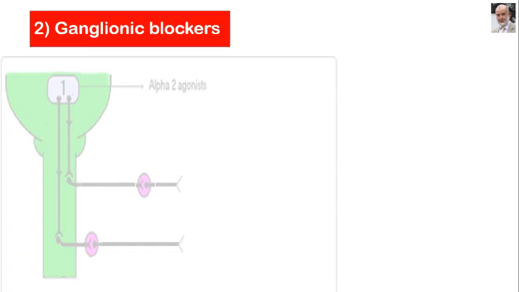The second group are the ganglionic blockers. They block the autonomic ganglia, whether sympathetic or parasympathetic.